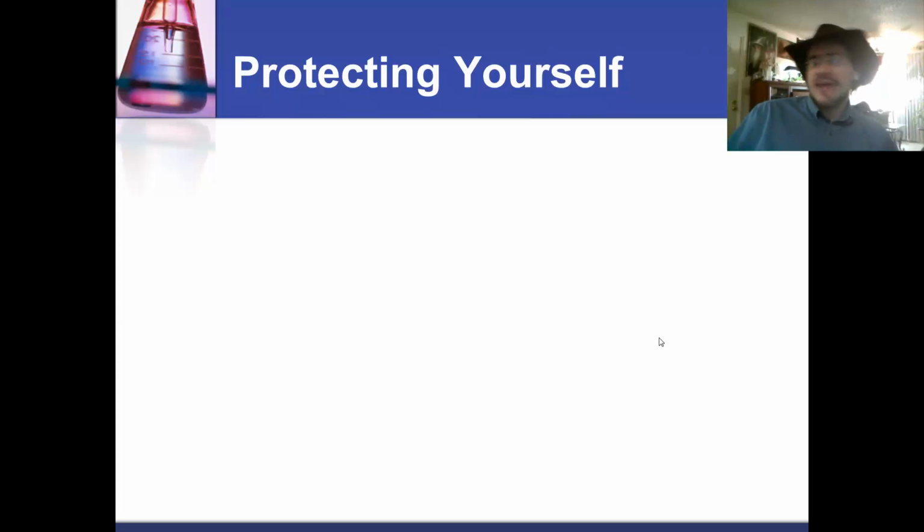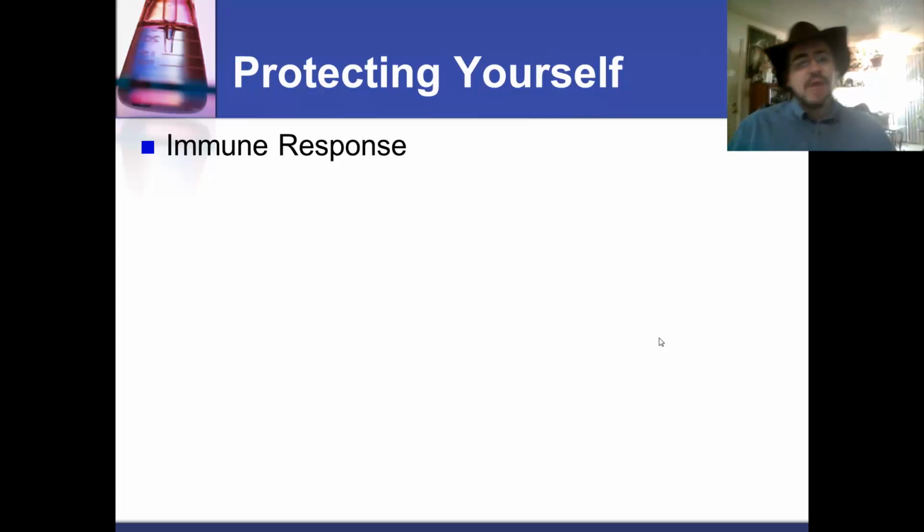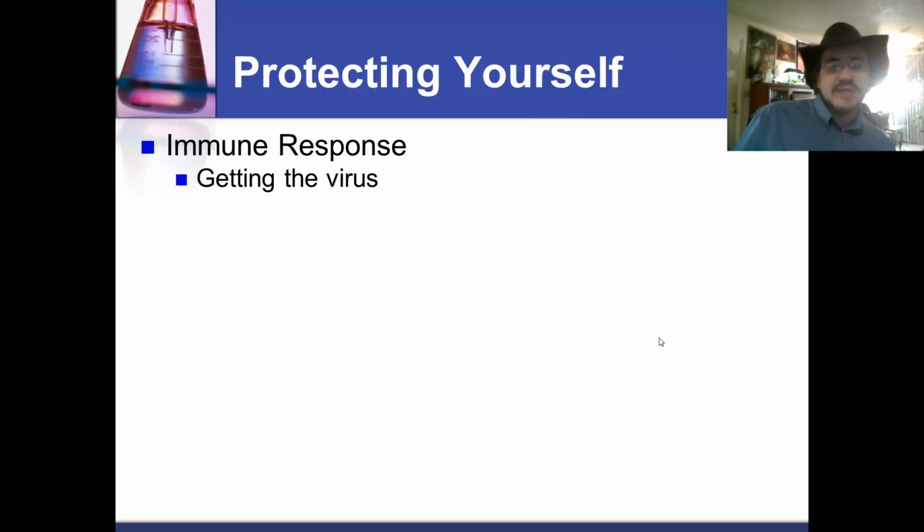How do you protect yourself from viral infections? Well, there's your own immune system. When your immune system detects a virus, it will get sensitized to that virus and start attacking that virus. So getting your normal immune response means getting the virus and then developing immunity to it, because your immune system responds and starts destroying it. This is kind of useful because once you get the virus and fight it off, you produce memory cells.